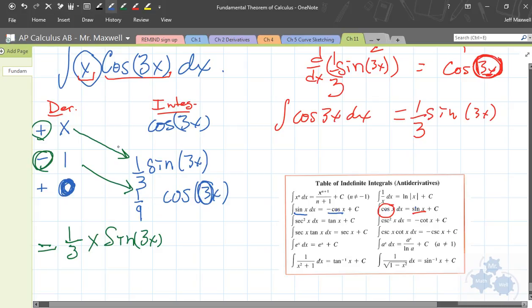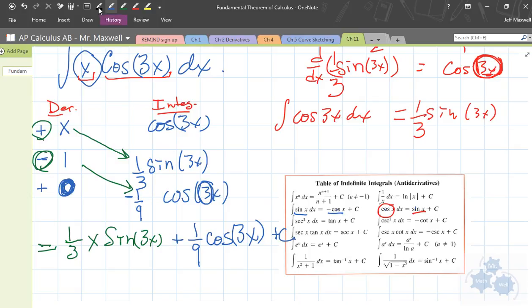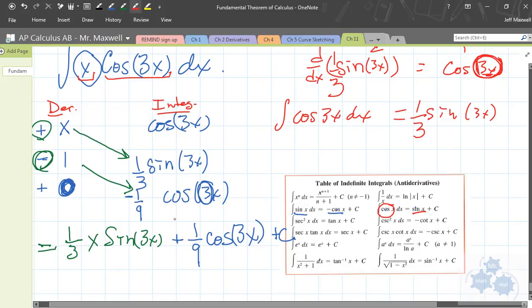That should be a negative, right? So that's a negative times a negative, which is plus 1 times this. So plus 1/9 cos 3x. And because that's the last step there, we just add the c, and then we're done. So this is your answer right here.